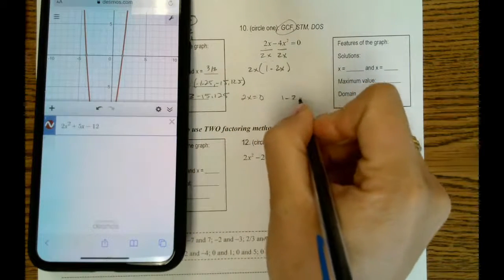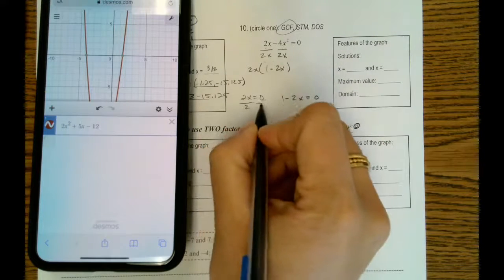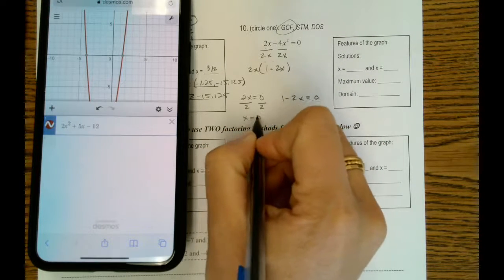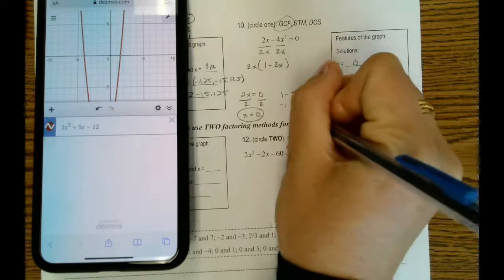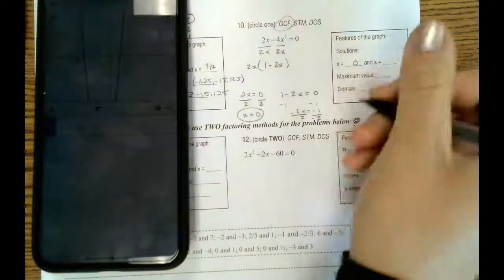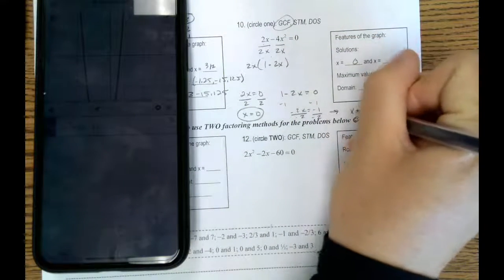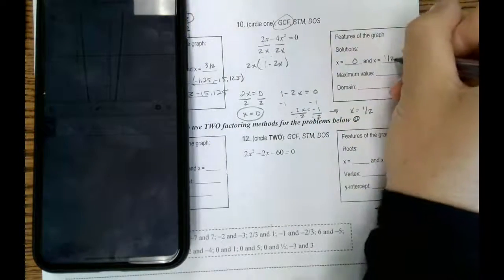Take both parts and set those equal to 0. So we end up with x equals 0 and this one here would end up being x equals positive 1/2 because we have a negative divided by a negative.